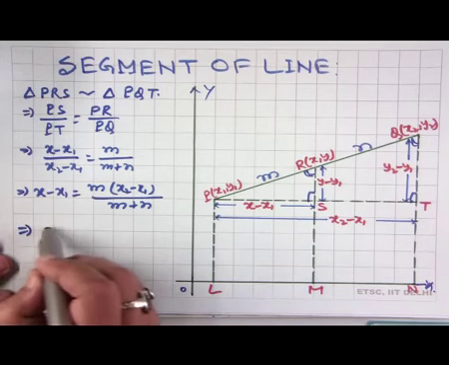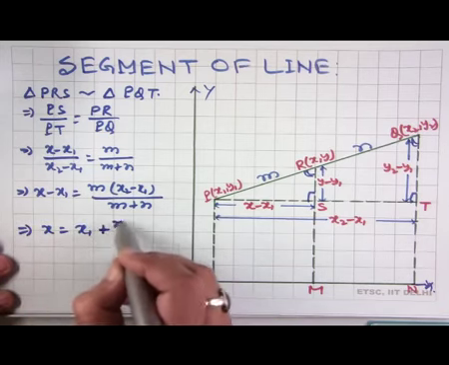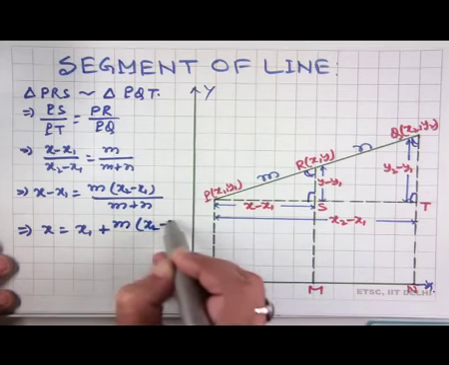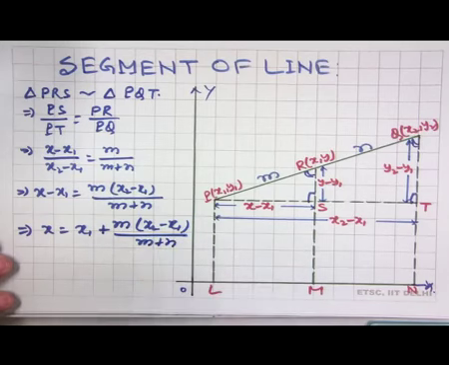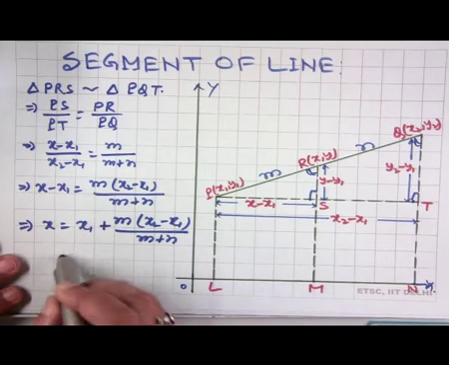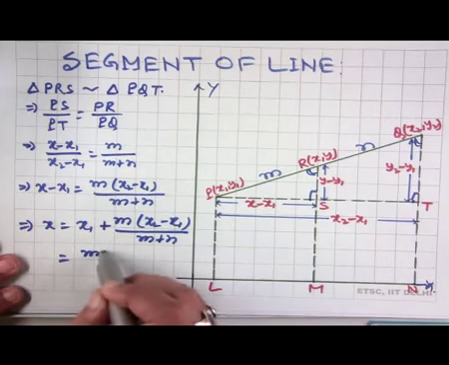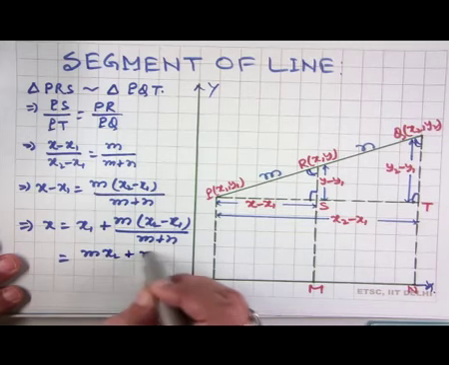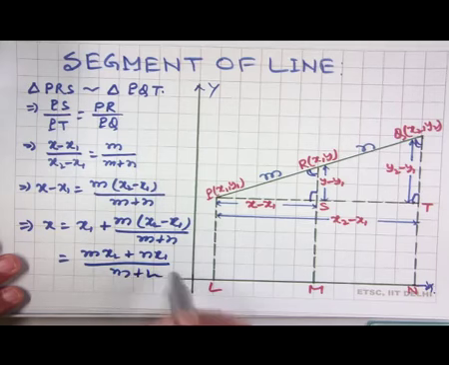This implies x is equal to x1 plus m(x2 minus x1) by m plus n. And when you simplify it, you will get (m x2 plus n x1) by m plus n.